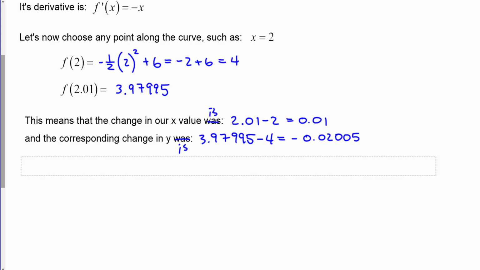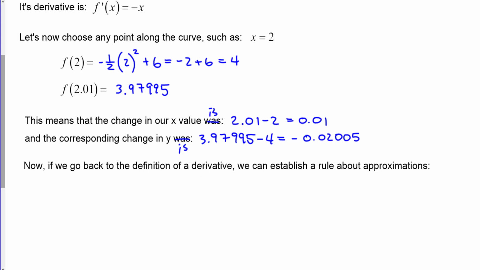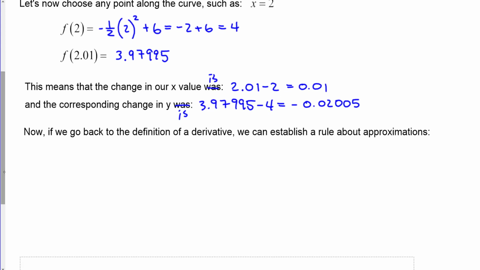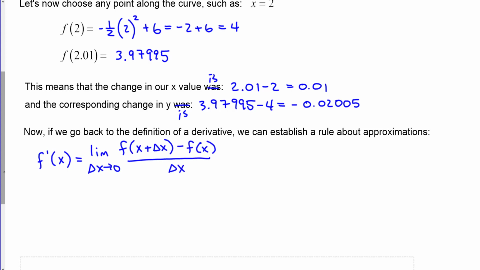Now, if we go back to the definition of a derivative, we can establish a rule about approximations. So, just for a second, we're going to go back to the statement f prime of x is the limit as delta x goes to 0, f of x plus delta x minus f of x all over delta x. So this is just the original definition of a derivative that we came up with so long ago.